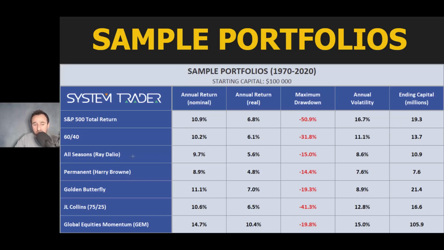There are also other, let's say, more sophisticated portfolios like All Seasons or Permanent or Golden Butterfly, which also have gold. Actually, both of them have gold. Golden Butterfly, obviously, as the name implies, also has gold.